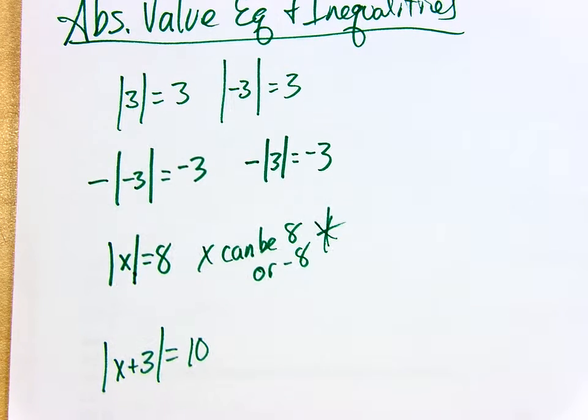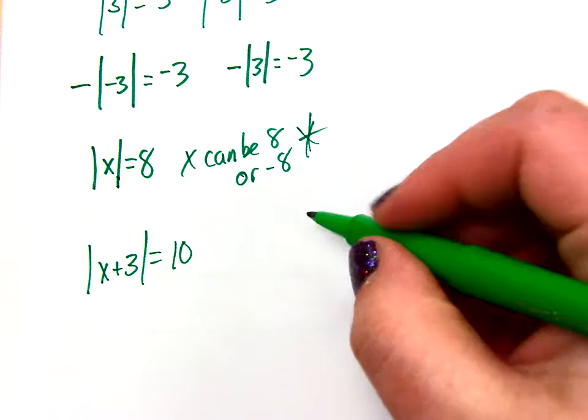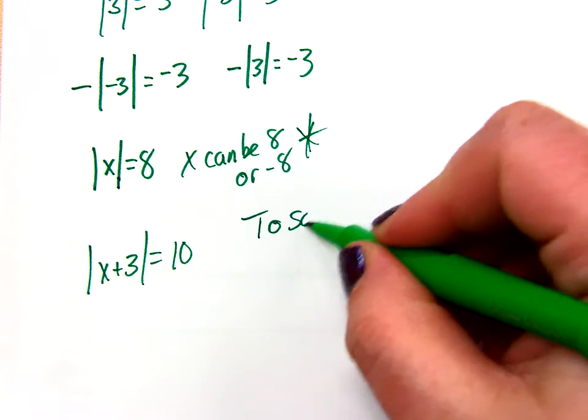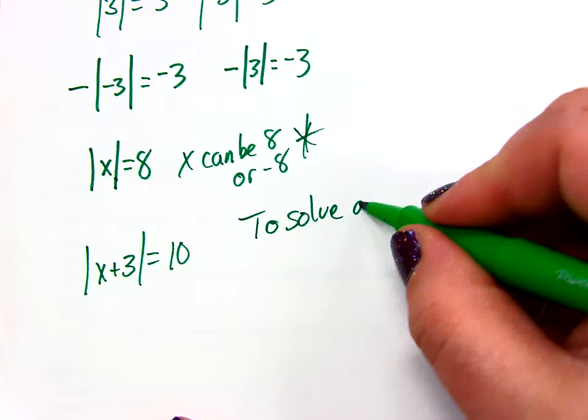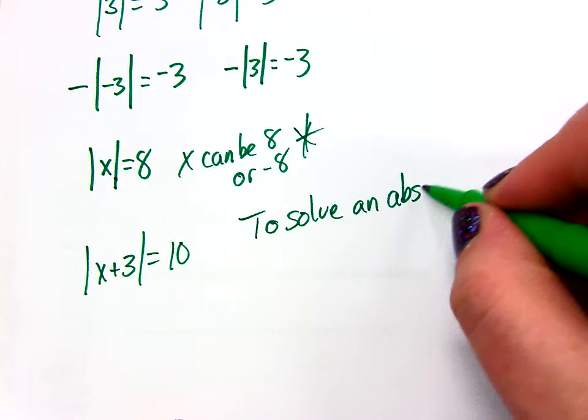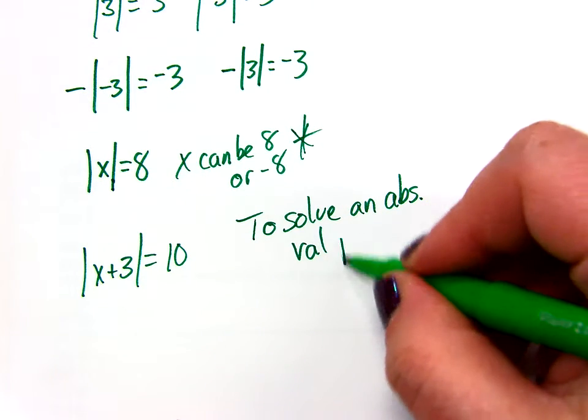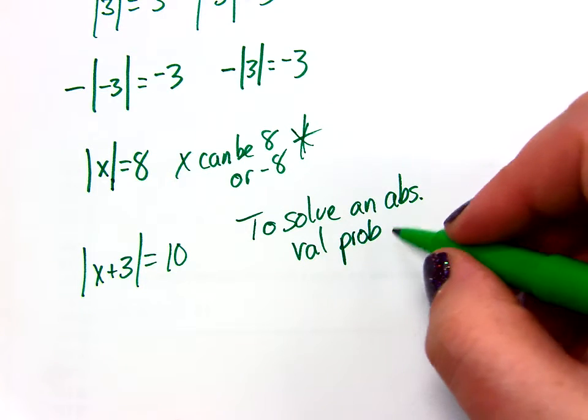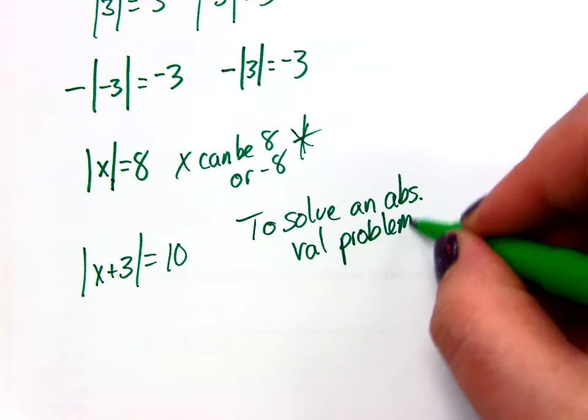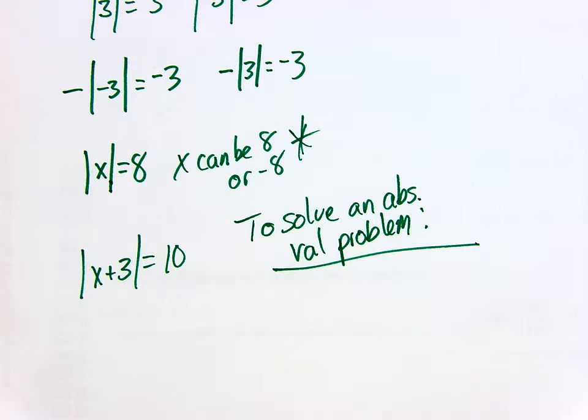Okay, so if I give you some step-by-steps, that might be helpful. So to solve an absolute value problem, I'm not going to specify equation or inequality, because we'll just write the steps one time that will apply to both.